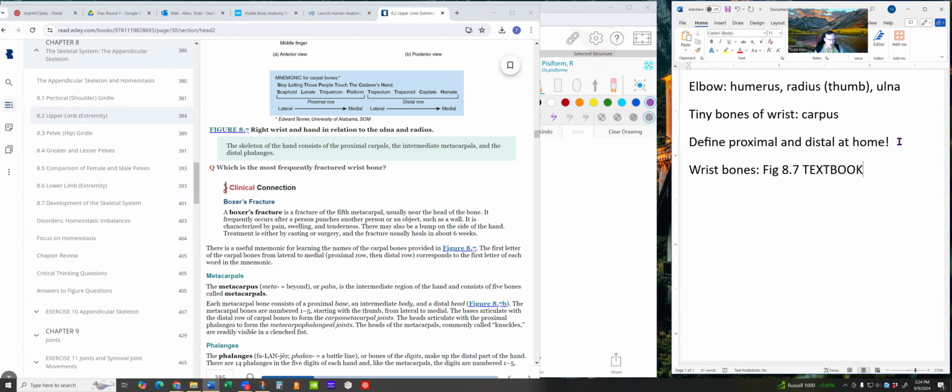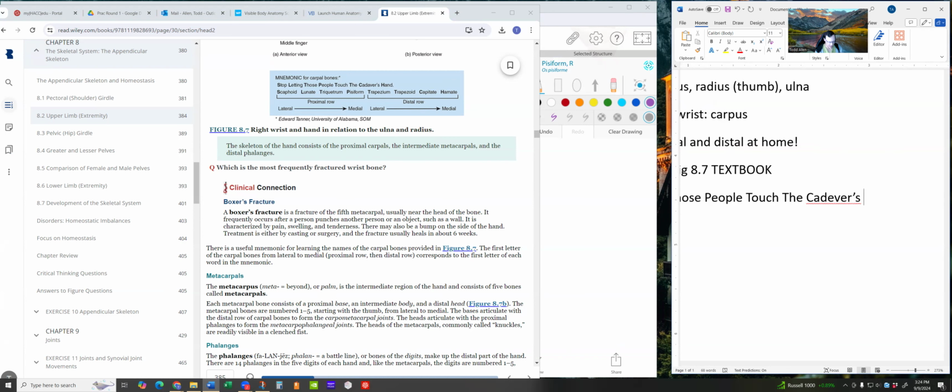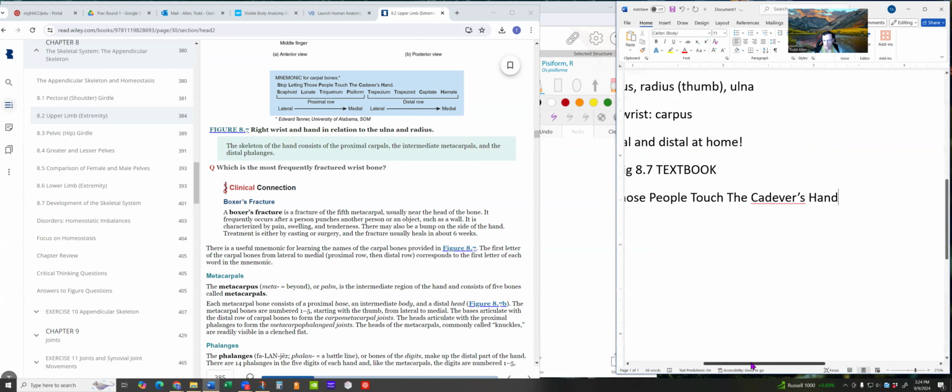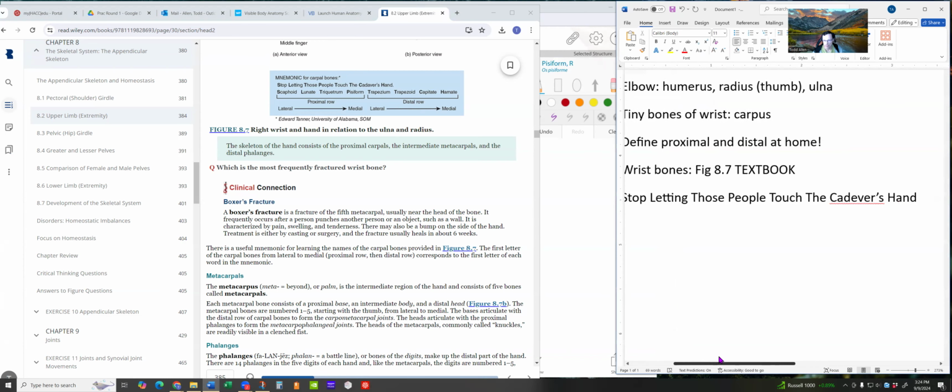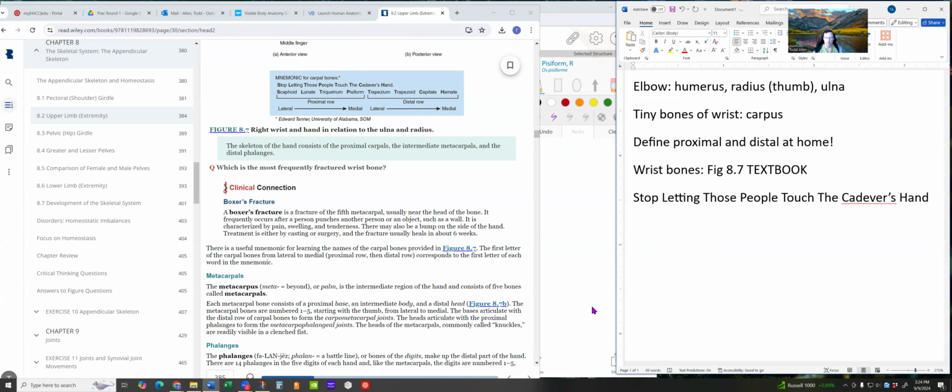And we want the mnemonic. Stop letting those people touch the cadaver's hand. Let me see if I can make this a little bit wider. Stop letting those people touch the cadaver's hand.